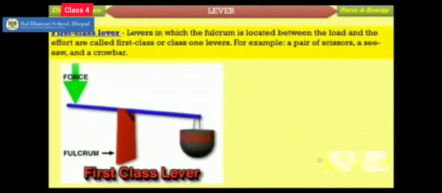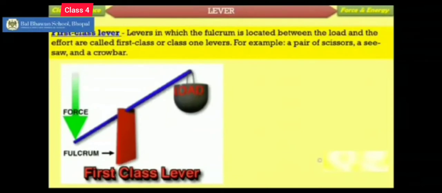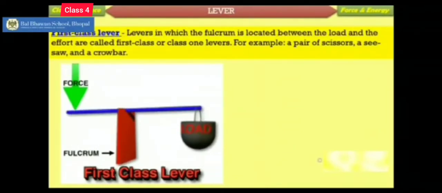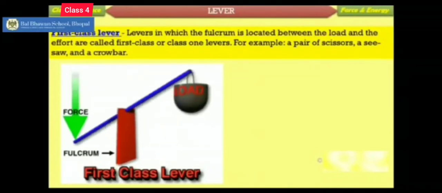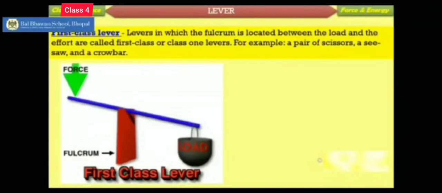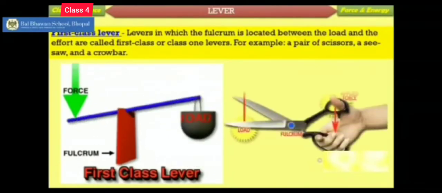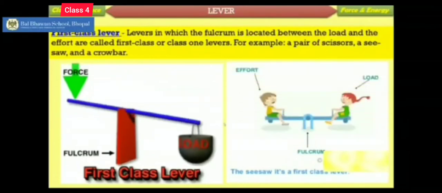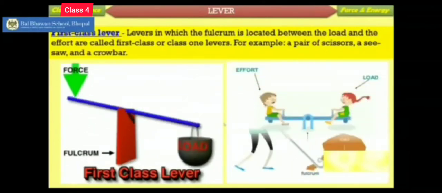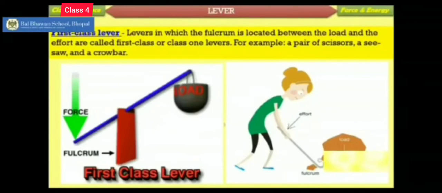Levers in which the fulcrum is located between the load and the effort are called first class or class 1 lever. Examples of such levers are a pair of scissors, a seesaw, and a crowbar.